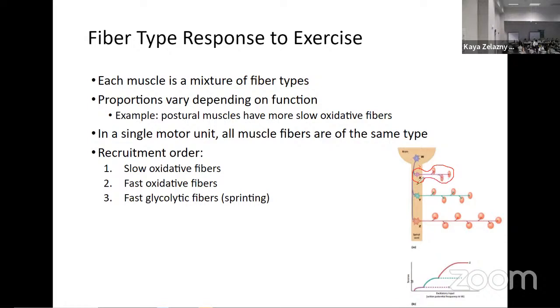So this is our motor unit. It's all the muscle fibers innervated by one single motor neuron. When we talked about recruitment at the end of our last unit, we saw that we had small, middle, and large motor units that were recruited in a specific order. We take the small ones first, the middle ones second, the big ones last.